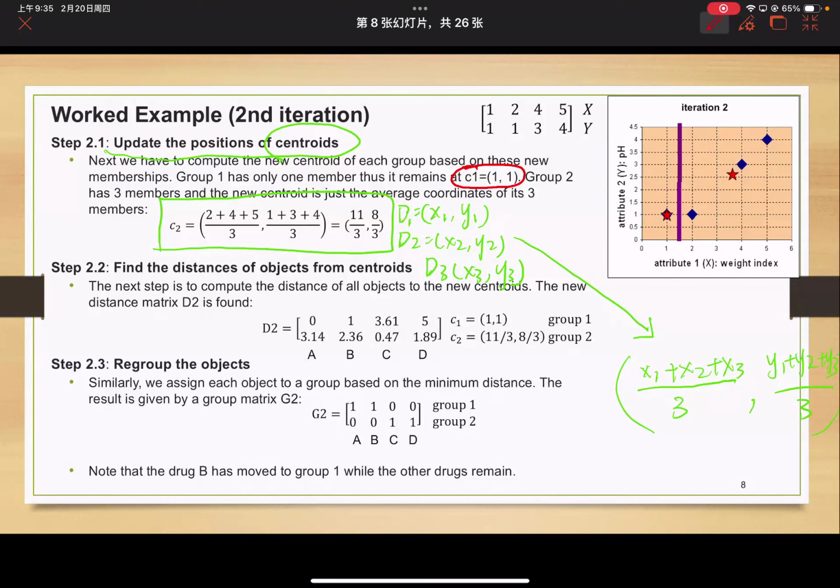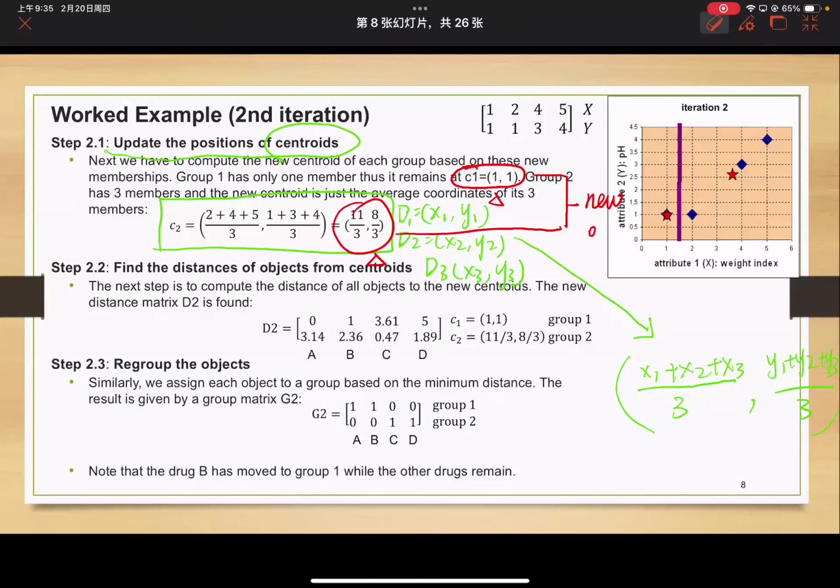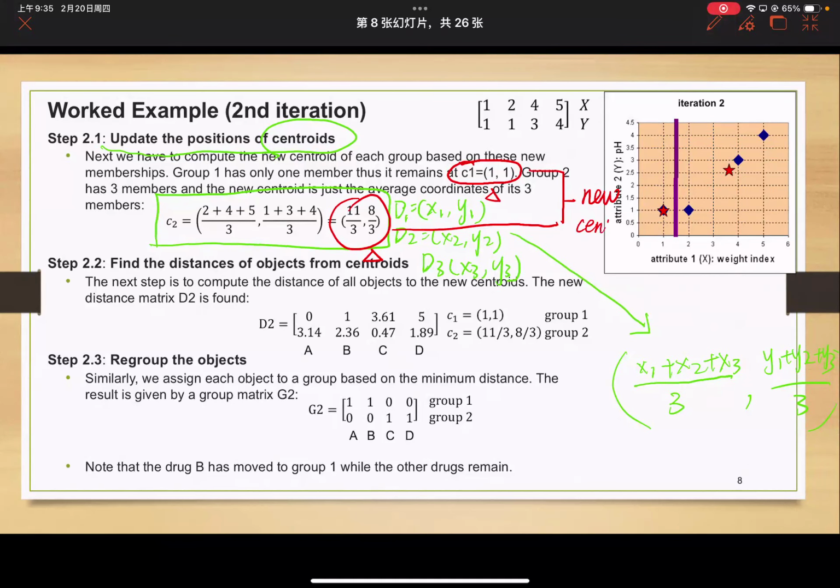We have C1 here, and then C2 here. These are the 2 new centroids. Okay, then we just repeat this procedure.